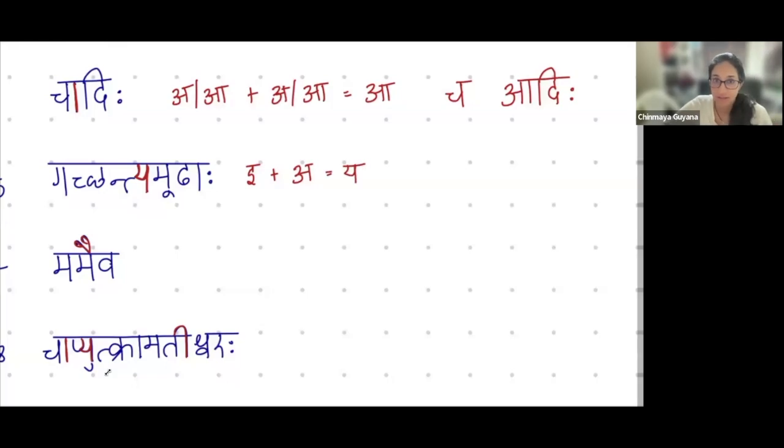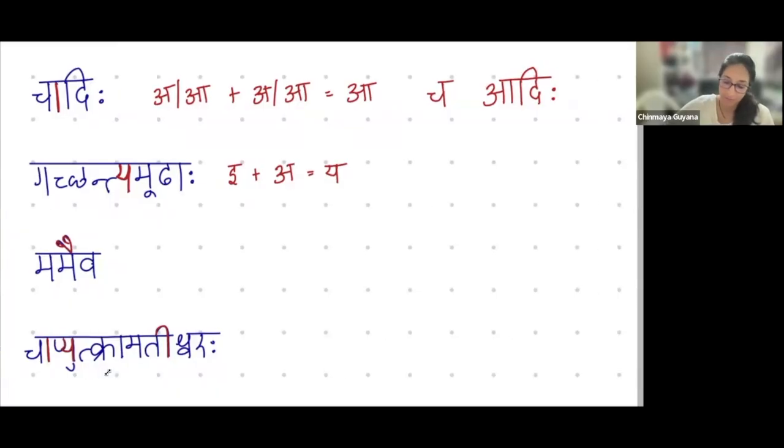Everyone get that? The vowel here is already told. The vowel here is a because the ya doesn't have another vowel symbol. So here it's i plus a equals ya, halant plus a. You can write that, but now we're going one step further. i plus a equals ya.